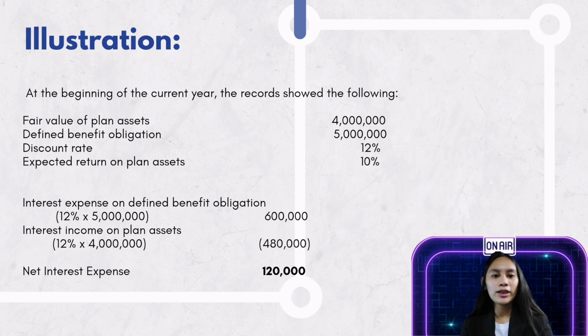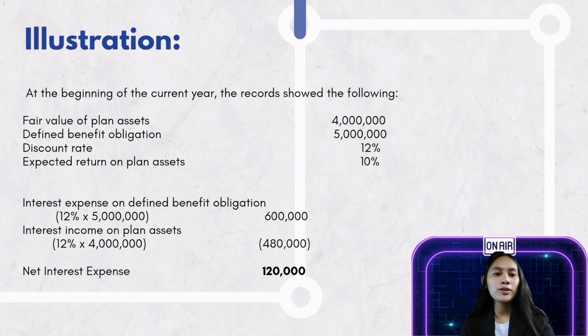At the beginning of the current year, the records showed the following. Fair value of plan assets amounting to 4 million, defined benefit obligation 5 million, discount rate 12%, expected return on plan assets 10%.